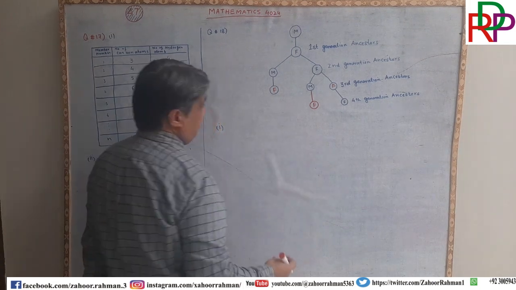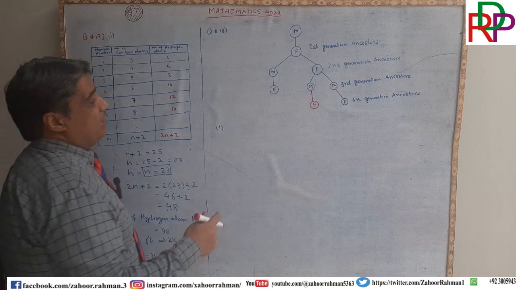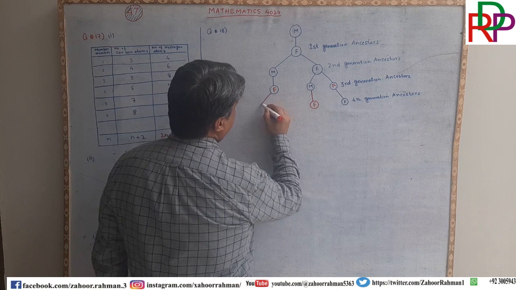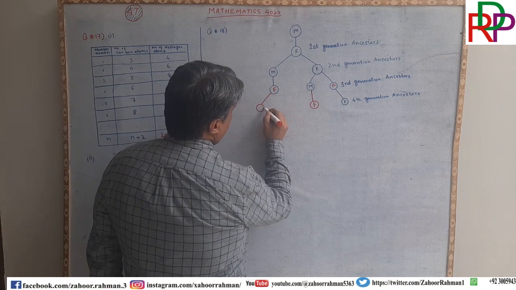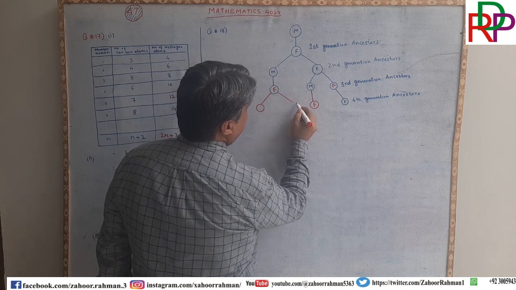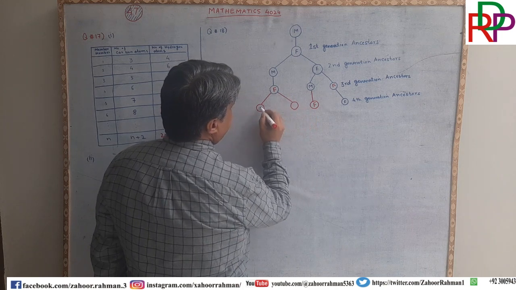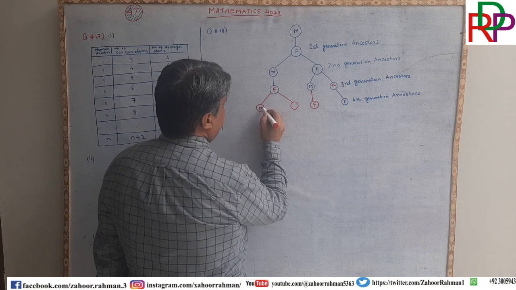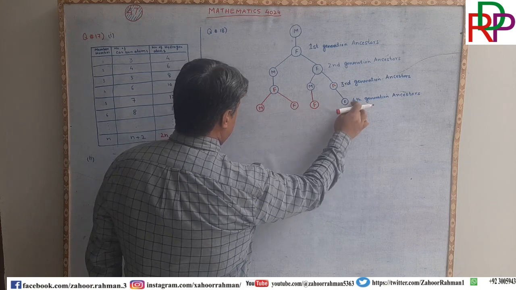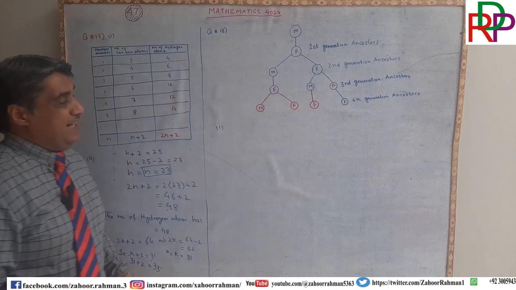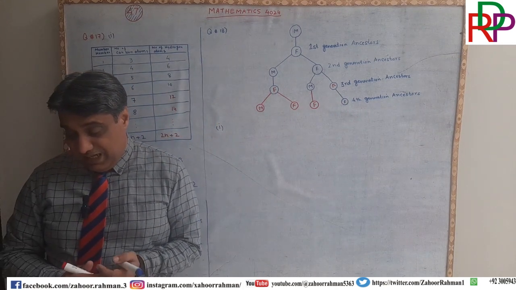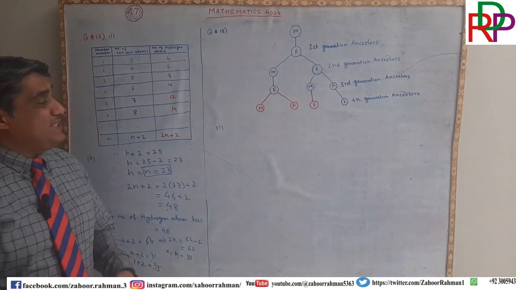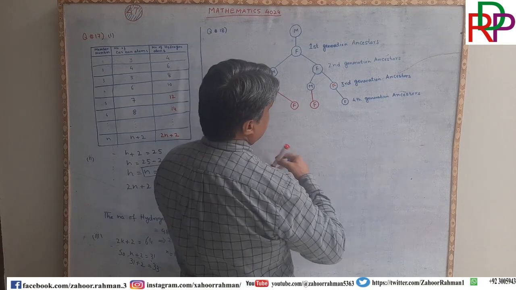I am not making it again. So in this case there is an F, so again there will be two branches of it, and again it will be M and F. So we completed the fourth generation, and they are saying how many.